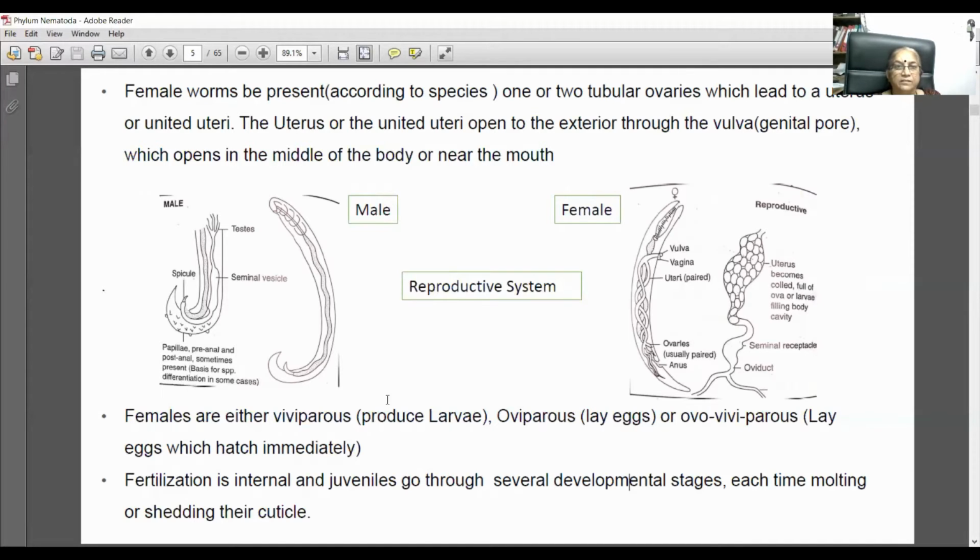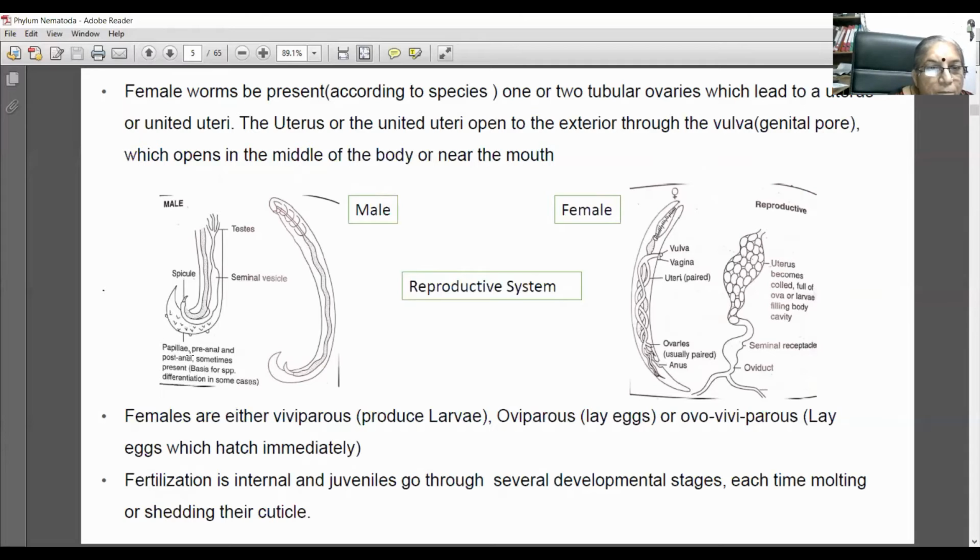See here, this is the male. In the male, you will see this nervous system, you can see all this circumference, all the nerves. This is the digestive system that is present. See here, the testis, seminal vesicles, spicules, all that. And in the end, you can see the spicule.